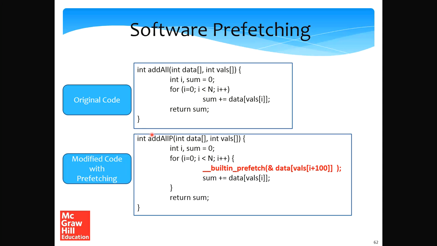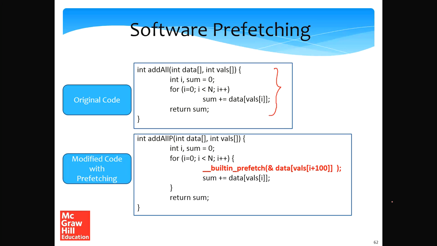We can instead do it in software and it's very easy. We can actually augment our C code to fetch things from the memory system in advance, well before we actually use them. So let's take a look at this program over here.